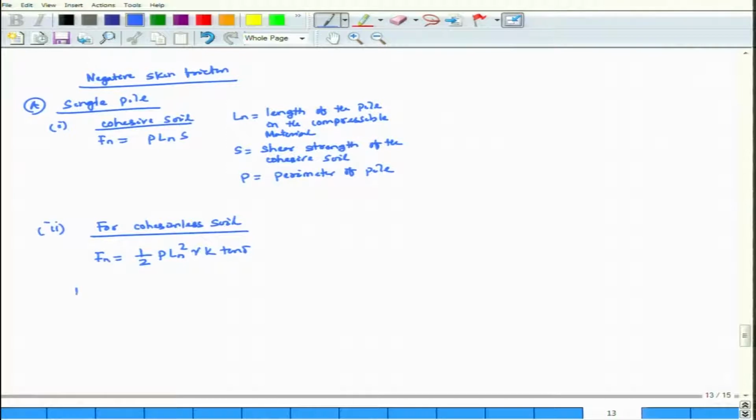So, K is equal to earth pressure coefficient, which lies between the active and passive earth pressure coefficient.